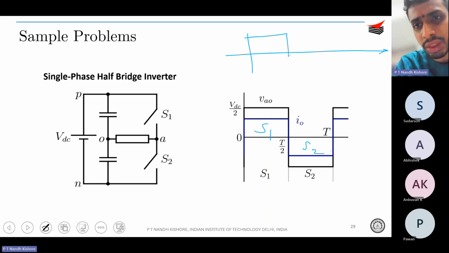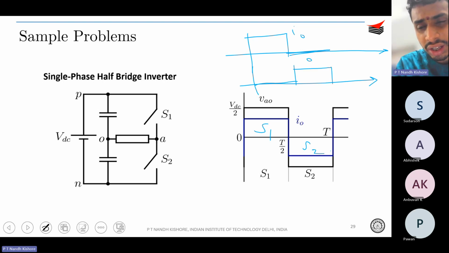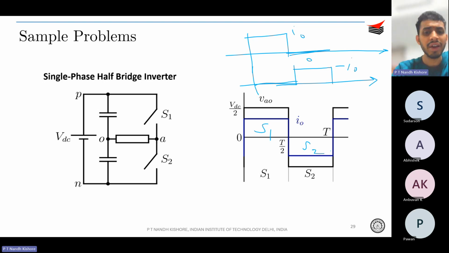It is I naught from 0 to T by 2 and 0 from T by 2 to T. Similarly, the current of S2 is minus I naught from T by 2 to T and 0 from 0 to T by 2.